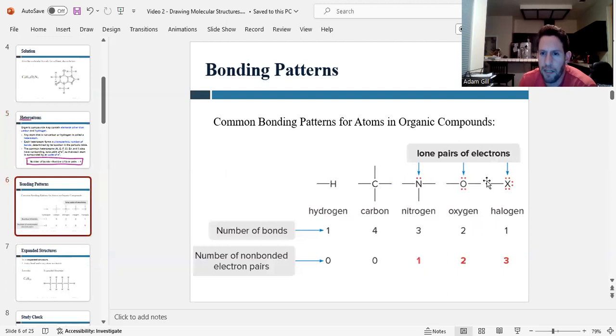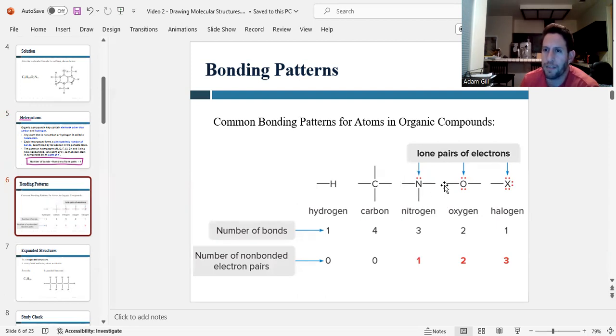Now, if we look at some bonding patterns, here are the bonding patterns of all the common elements we're going to see. So hydrogen, because it's in the first shell, it only needs 2 electrons, and so it only forms 1 bond. Carbon always forms 4 bonds. Nitrogen forms 3 bonds and has 1 lone pair.